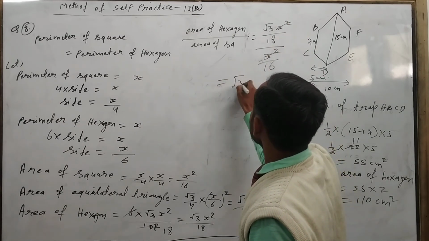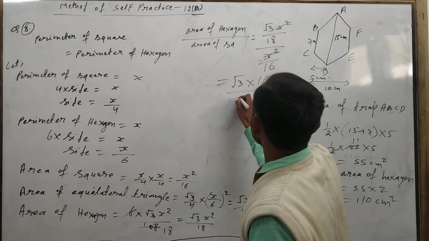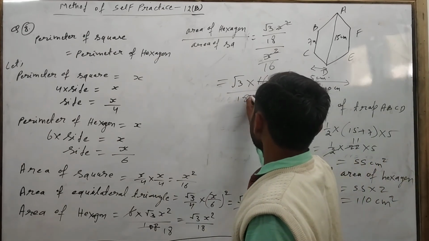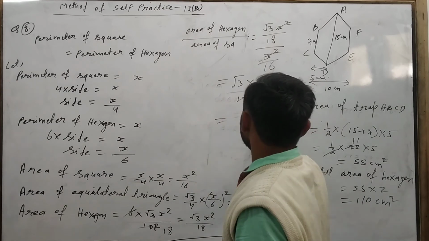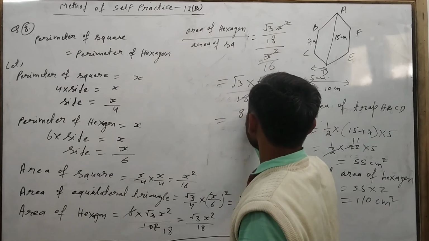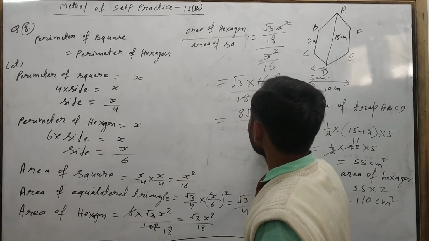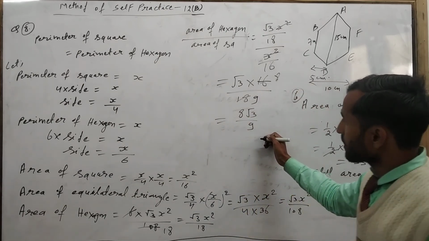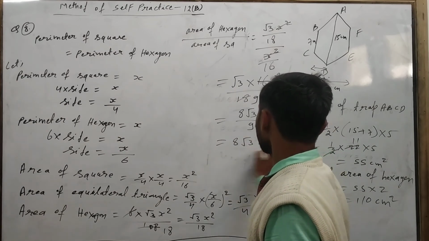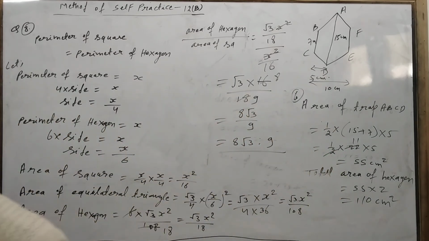After that, root 3 into 16 upon 18. Now we cancel by 2, so 8 to the 16 and 9 to the 18. It will come 8 root 3 upon 9. This is the ratio of the area of the hexagon and the square. This is the final answer.